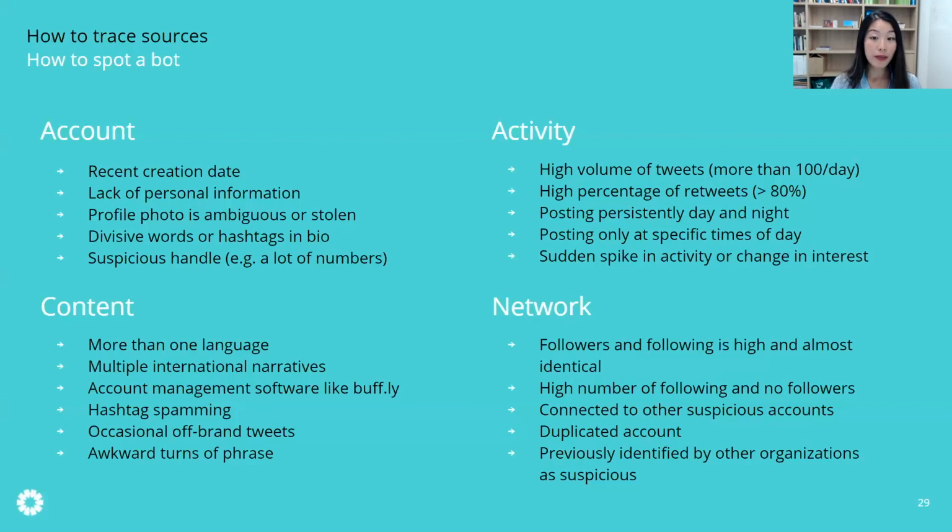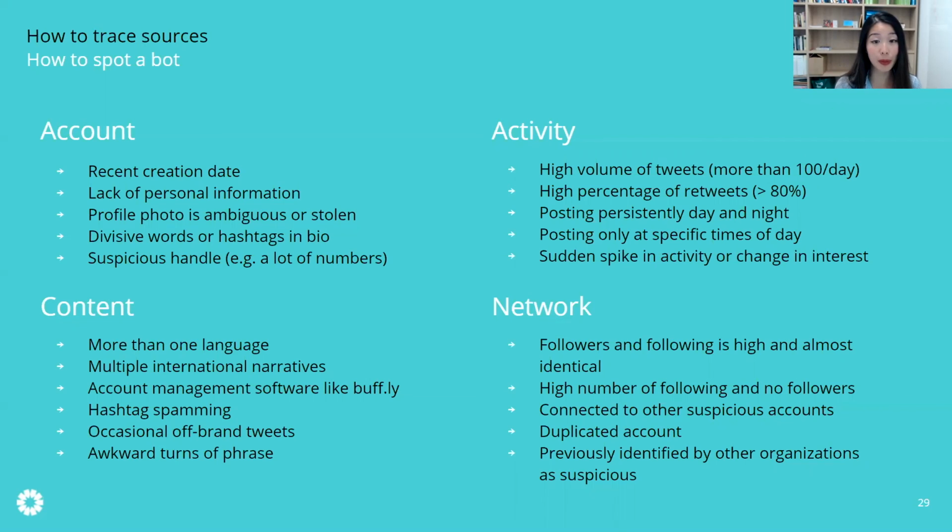If you really want to figure out whether an account or a piece of content is automated or not, there are a lot of different signs to look for. So here's a checklist. There are many different signs of an automated account, but we should look for multiple signs and not just one, because an account tweeting 100 times a day is not good enough evidence to conclude that someone is a bot.